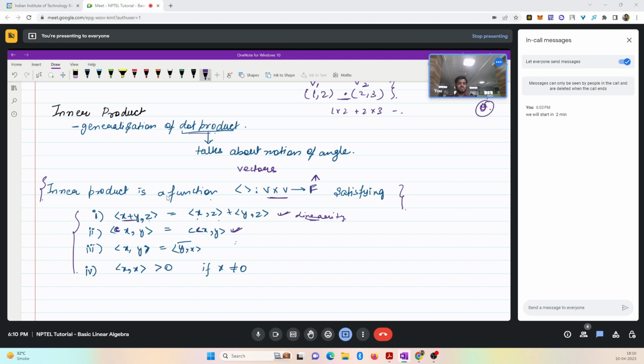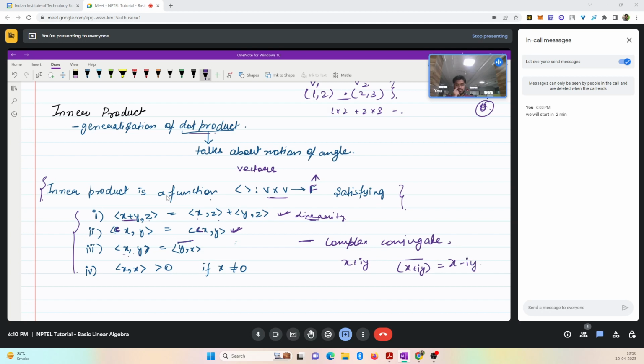The third property is if you reverse the order, if you take the inner product between x and y or y and x, then it is equal to the complex conjugate. The symbol on top is called the complex conjugate. You might know that if you have a number like x plus iota y, then its complex conjugate is x minus iota y.